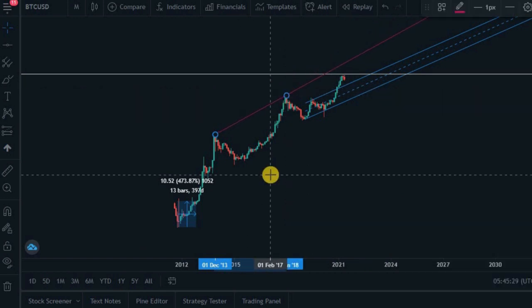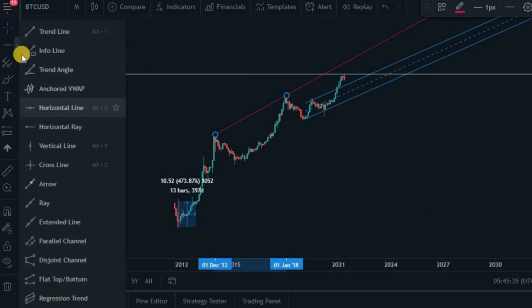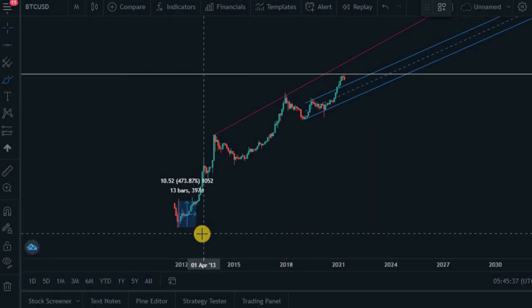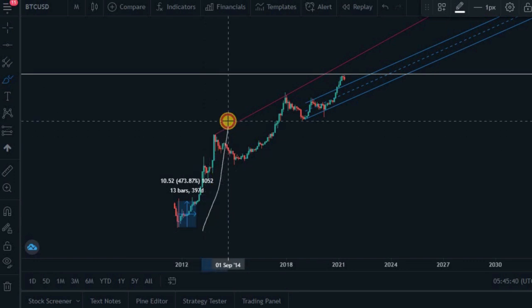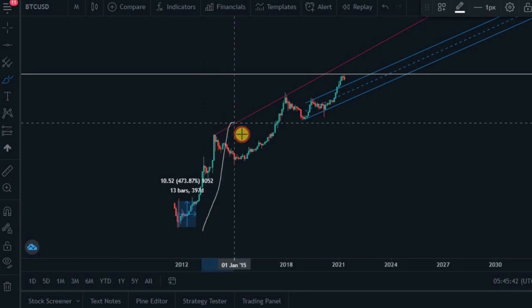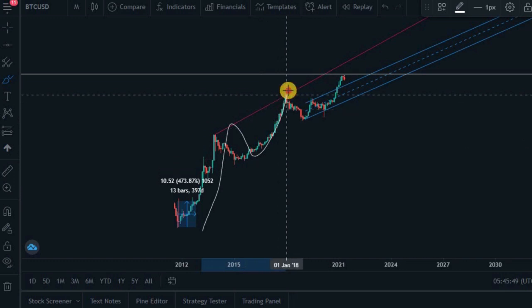I explained this pattern in one of my videos. The price goes up sharply, and then it starts slowing down. We have three phases here.